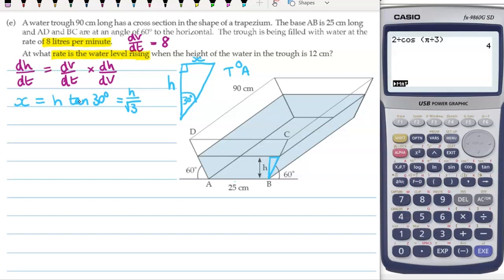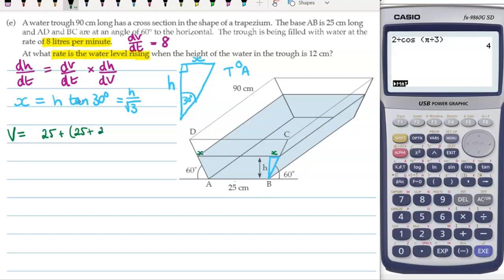So now the volume. The volume of the water will be equal to the area of that trapezium. So we have 25 plus the top of that trapezium, which is going to be 25 plus 2 lots of what we just worked out to be, this little piece here, this x piece. We'll have another one on that side as well.